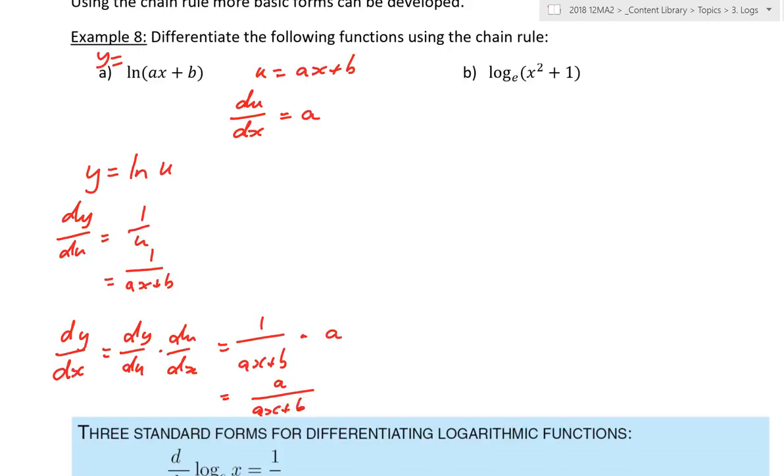What does that mean? If I have this form here, the log of ax plus b, the coefficient of the x term goes up the top, and this function here goes down the bottom.